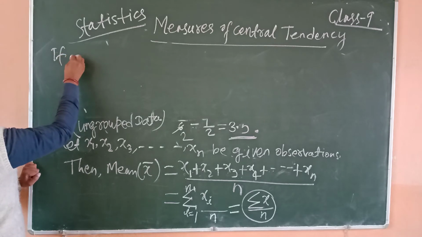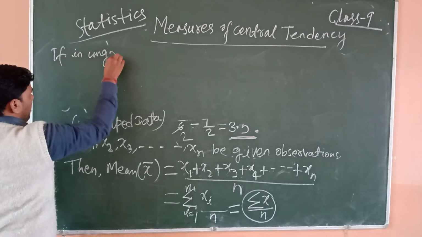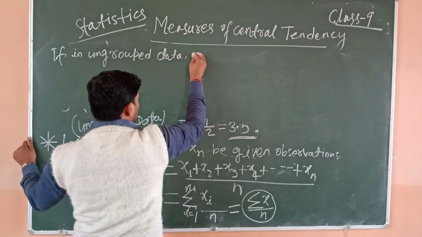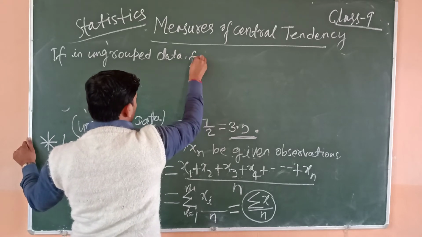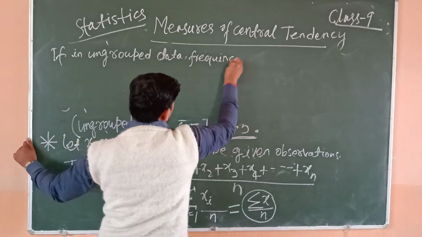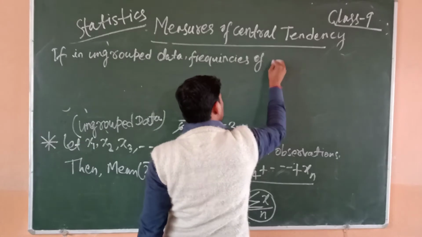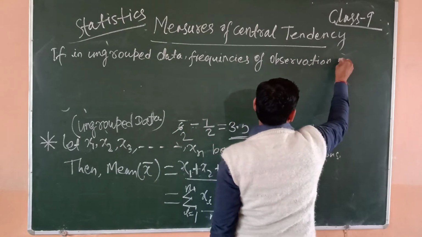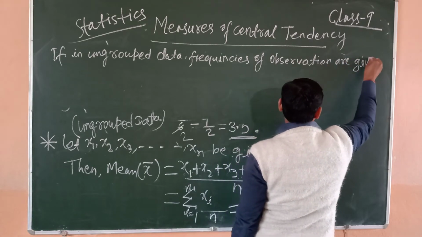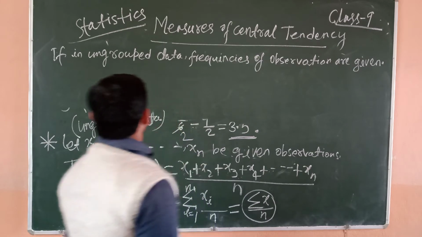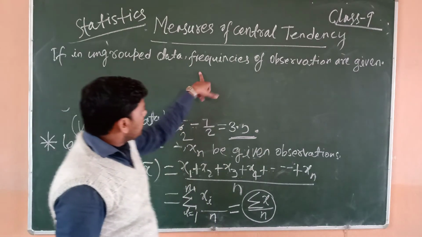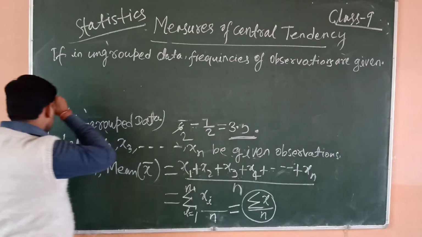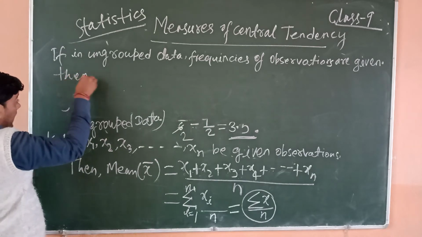If in ungrouped data frequencies of observations are given, then find the mean.